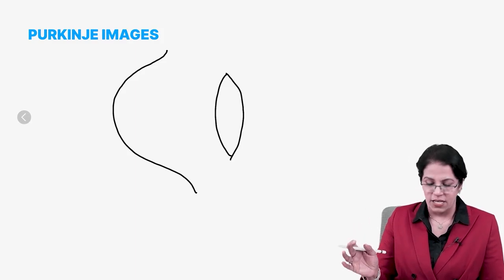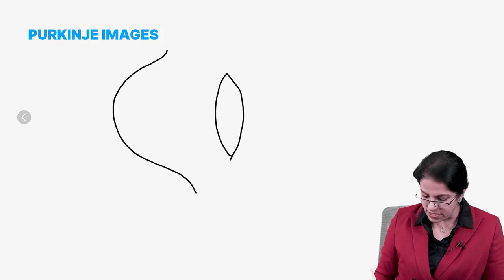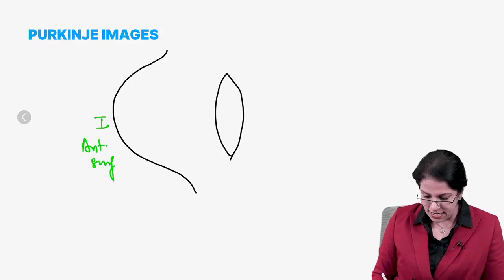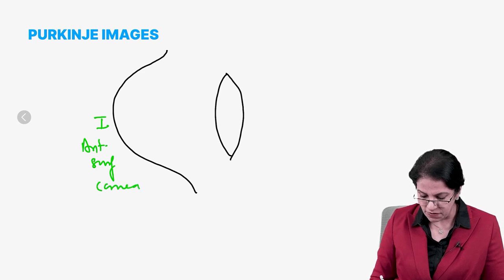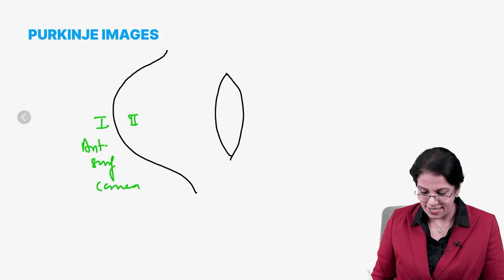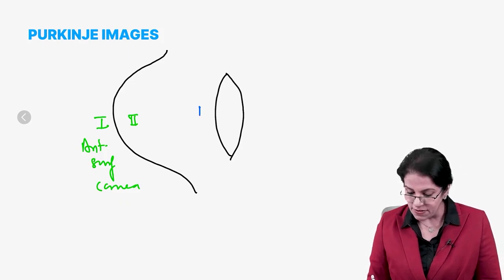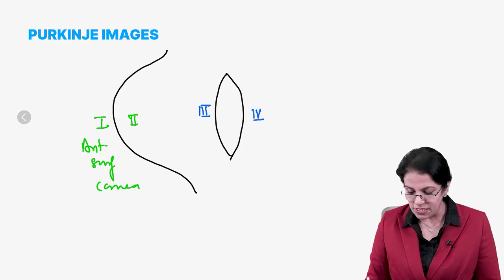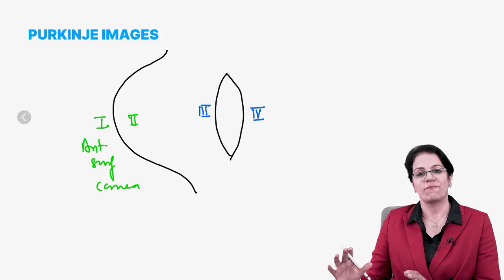Cornea and lens. The image formed on the anterior surface of the cornea is image 1. The image formed on the posterior surface of the cornea is 2. Then the anterior surface of the lens is 3, and the posterior surface of the lens is image 4.